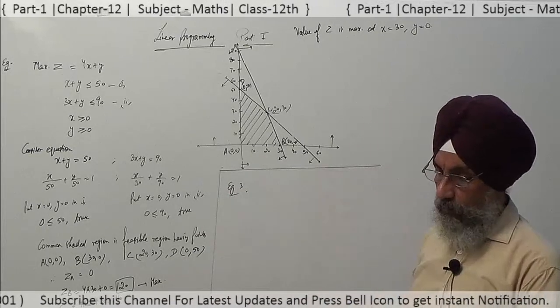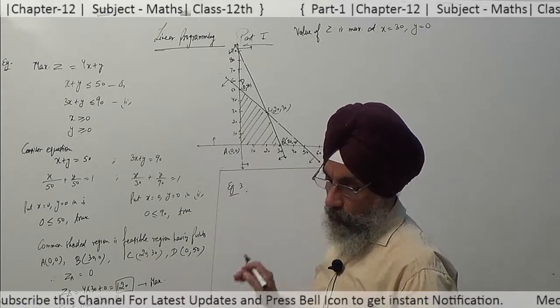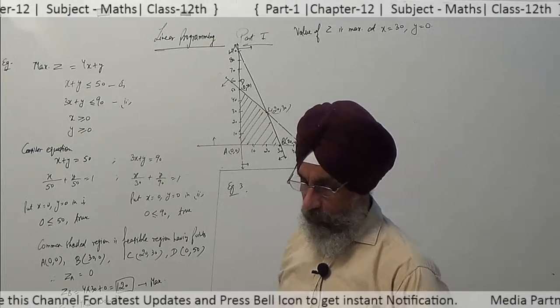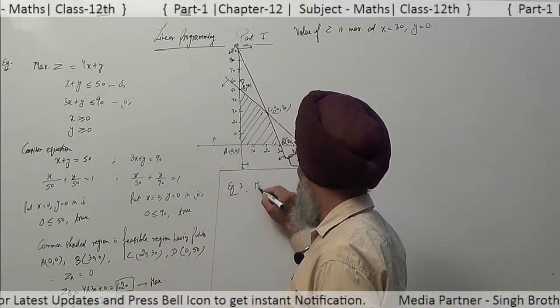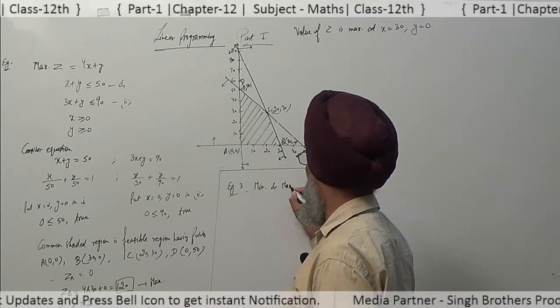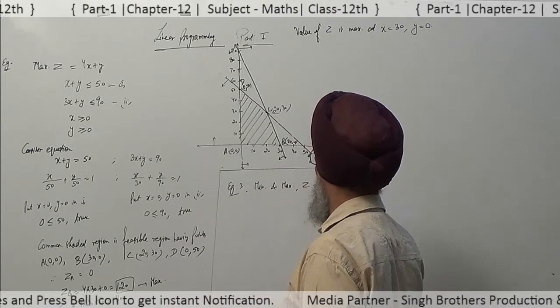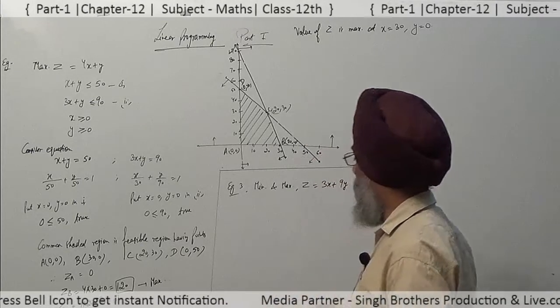In example 3, the given problem is: solve the following graphically, minimize and maximize Z equals 3x plus 9y.